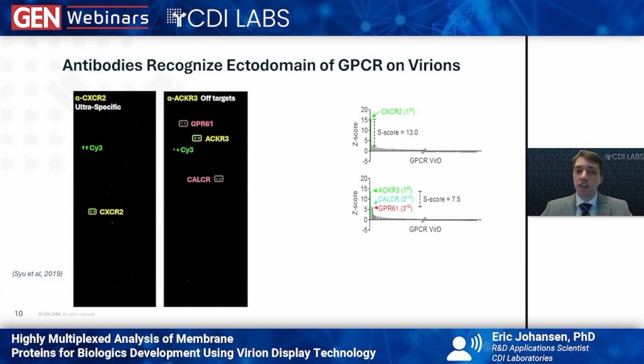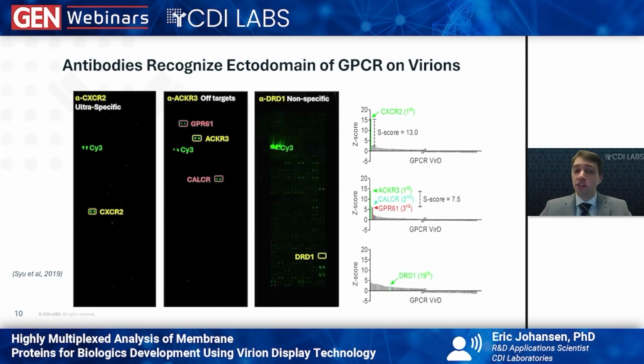It bound to CalCR and GPR61. And then we had those antibodies that failed to recognize their targets altogether. But it stands to reason that there could be a problem with our virion, and it may not be a problem with the antibody.